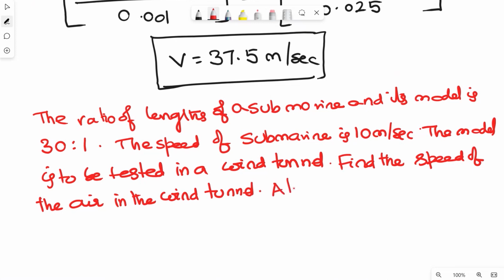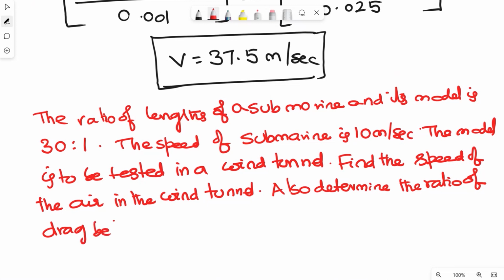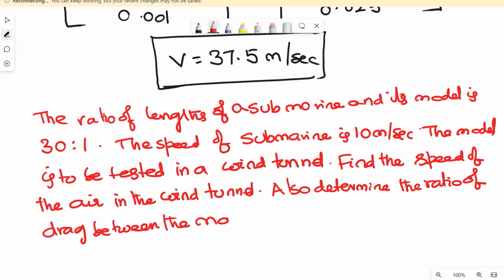Also determine the ratio of drag between the model and prototype.